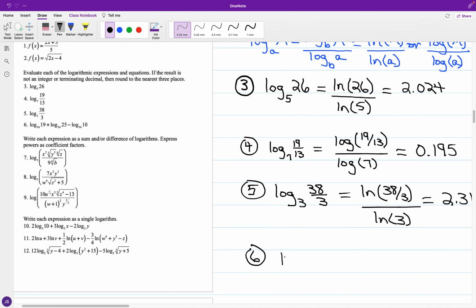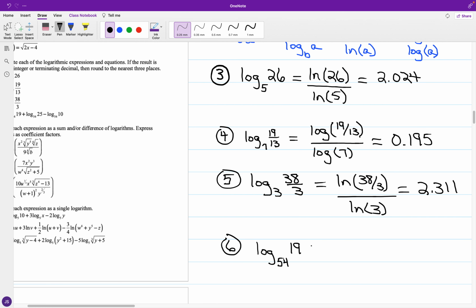Kind of going back to our sum and difference formulas, this time, instead of expanding, we're consolidating as a single base 54 logarithm. So for this we have the base 54 logarithm of 19 plus the base 54 logarithm of 25, and we have minus the base 54 logarithm of 10.